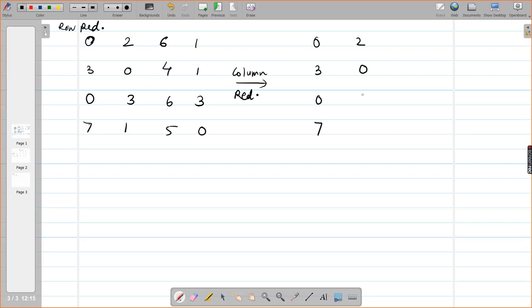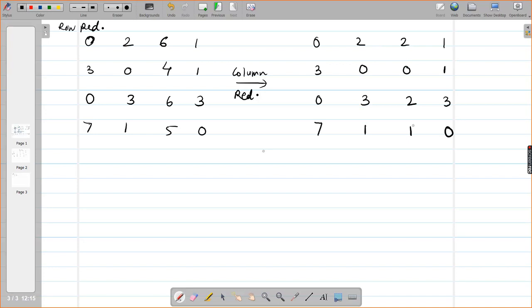Second column also, 0 is the smallest entry. Third column, what is the smallest entry? 4. So subtract it: 2, 0, 2, 1. Fourth column will also remain as it is.